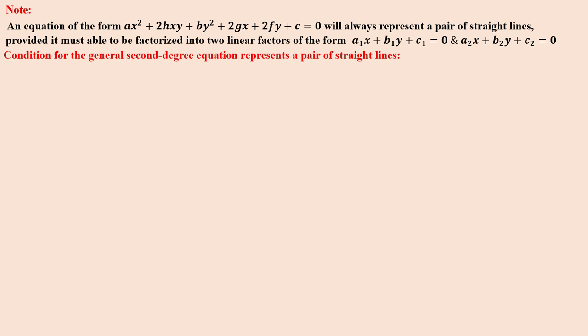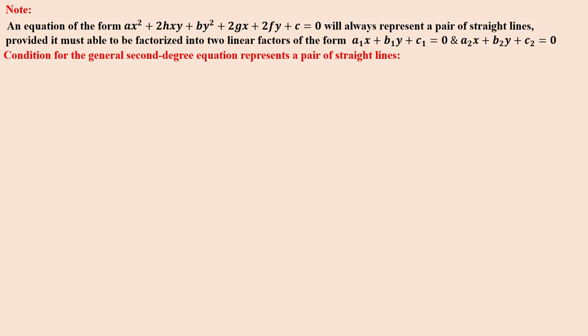This is possible only if you can factorize that second degree equation into two linear equations, two straight line equations. So the product of two straight line equations should equal that expression. If it is possible, then only the equation represents a pair of straight lines.